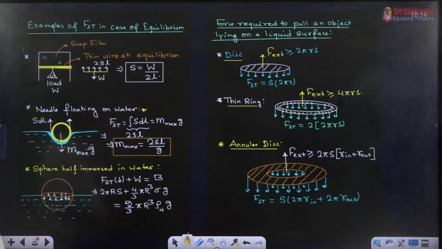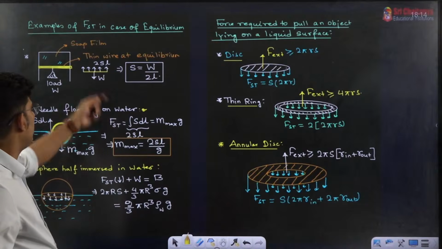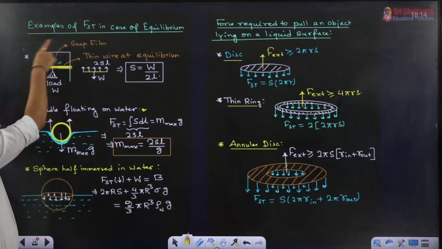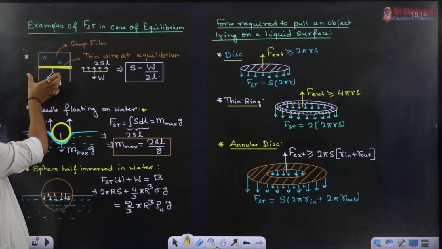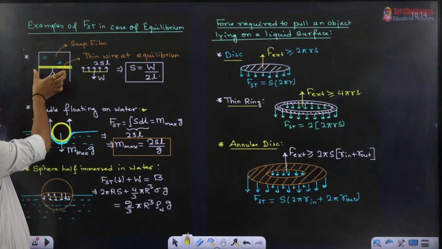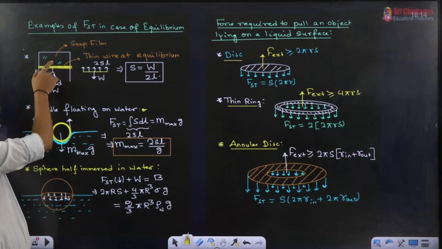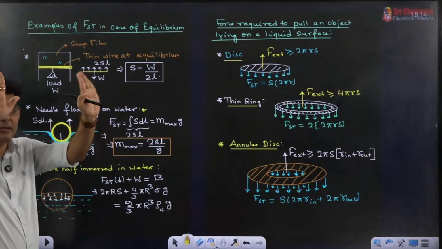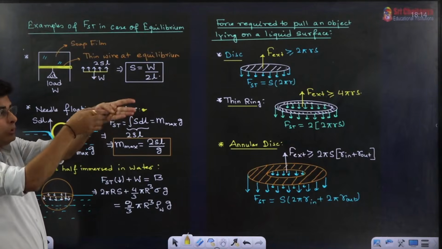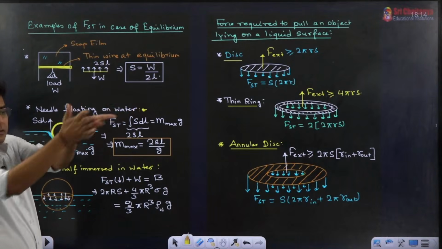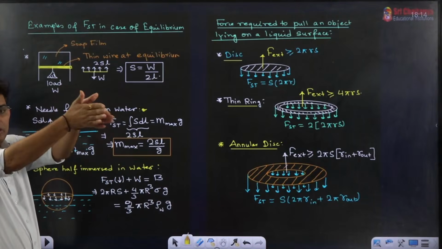Next, examples of force due to surface tension in case of equilibrium. For example, we have a thin U-shaped wire and a thin wire over here which is hanging vertically, and there is a soap film front and back, two surfaces. See my hand, these are the two surfaces, these are holding the wire. This pen can be treated as the wire, I am holding it.